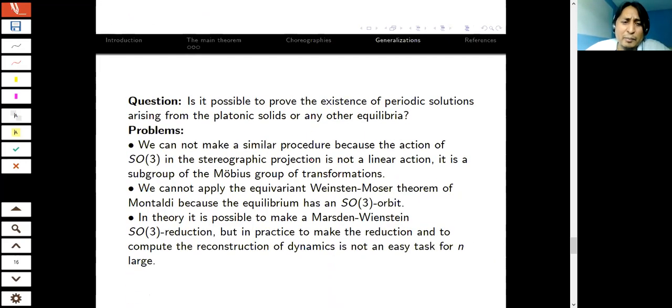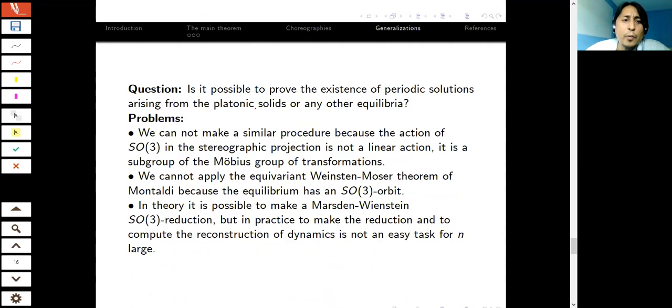And then something that I wanted to say is, okay, so what else can be proven? Is it possible to prove the existence of periodic solutions arising from other equilibria, not relative equilibria, like the Platonic solids? And when I was trying to address this problem, I found the following problems.